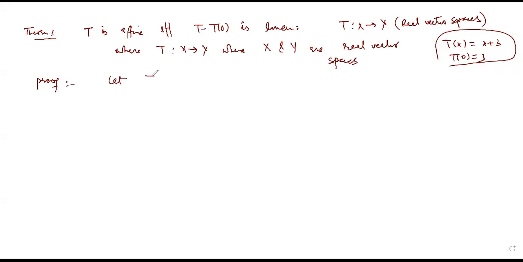So let me write T dash is equal to T minus T of 0. तो मुझे दिखाना है. So suppose T dash is linear. तो मुझे दिखाना है then T is affine, है ना? So we have to show T is affine.